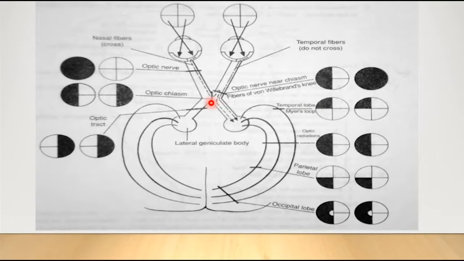And obviously, which part of the chiasm will it compress? The center, the median part of the chiasm, isn't it? And if you compress the median part of the chiasm, which fibers are you compressing? You're compressing the nasal fibers, and thus you're losing temporal fields.